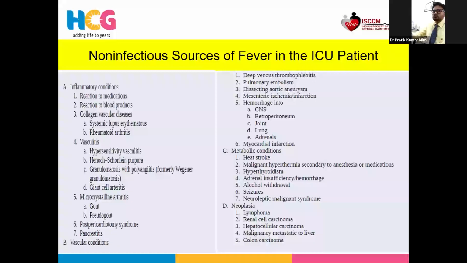They include inflammatory conditions, vasculitis, and other vascular conditions like DVT, pulmonary embolism, dissecting aortic aneurysm, mesenteric ischemia, hemorrhage, and many other conditions like heat stroke, hypothermia, and even neoplasms: lymphoma, renal cell carcinoma, hepatocellular carcinoma. So there are grossly inflammatory, vascular, metabolic and neoplastic conditions.